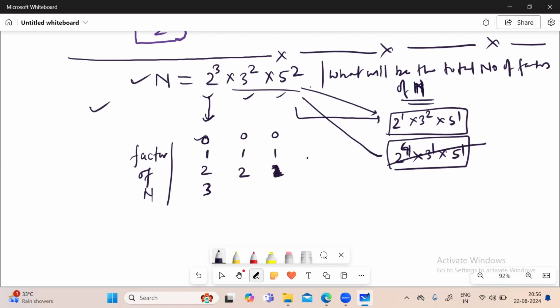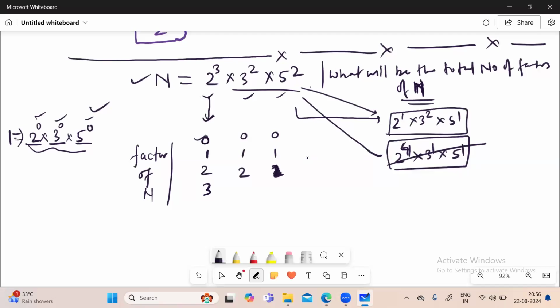And we are considering that every factor has 2, 3, 5. If 5 is not there, we can take the power 0 here. Or if 3 is not there, we will take the power of 0, or if 2 is not there, we will take the power of 0 on 2. So even the factor 1 has all 3 primes, but with 0 powers.